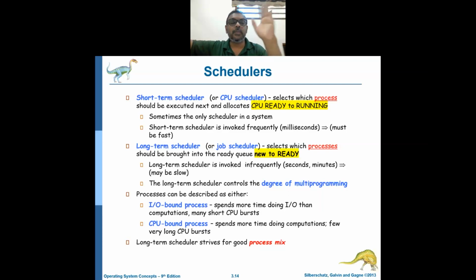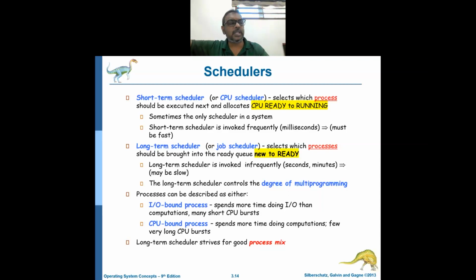A CPU bound process is doing the other way around. Lots of computational work, less input output. Example, the WhatsApp program is what we say is input output bound, because its work is mostly input output.